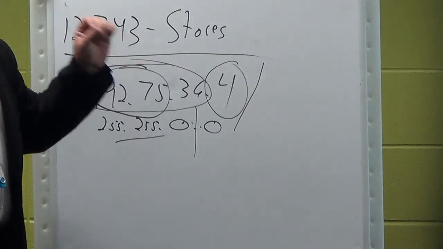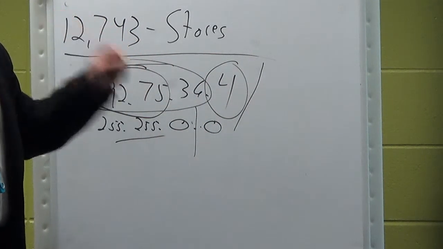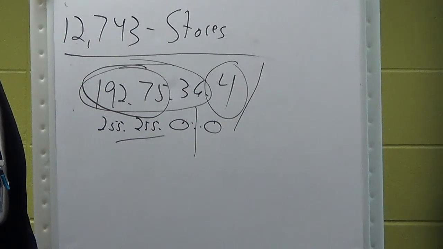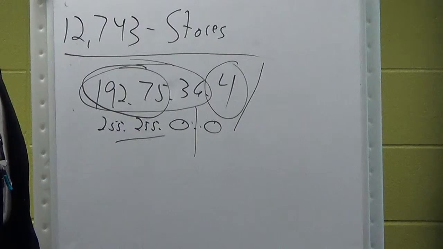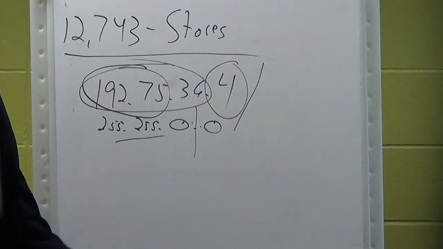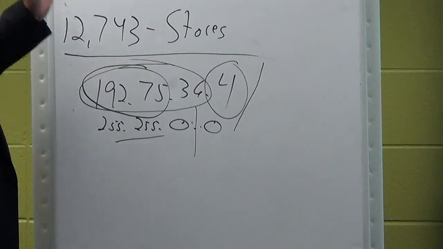How do I calculate the total number of possible host addresses for that? Brittany? 2 to the 16th power minus 2.